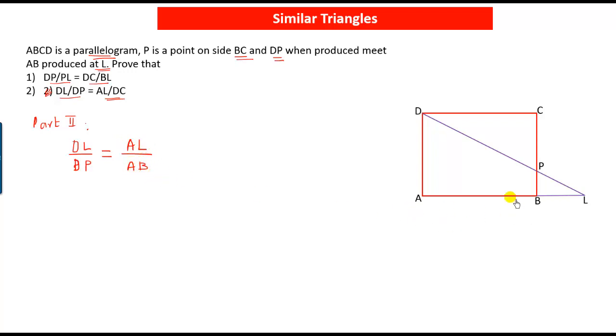But AB is equal to DC, so AB can be replaced by DC.